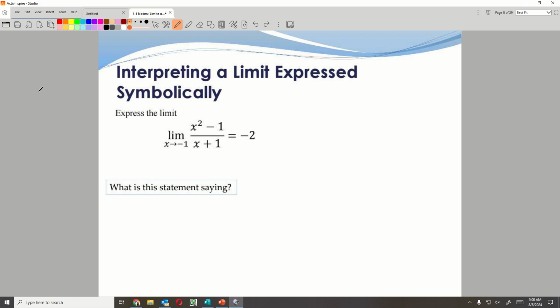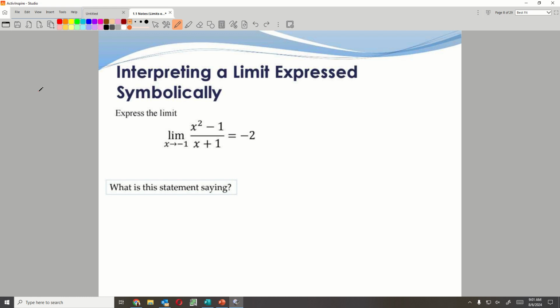Yeah. Can I plug in something to the other side? Yes, I can. So I could plug in a negative 2, and I could plug in a 0, and get closer and closer. As those numbers get closer and closer to negative 1, that's my limit process. I'm actually trying to get closer and closer to that number right there.